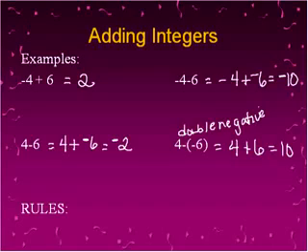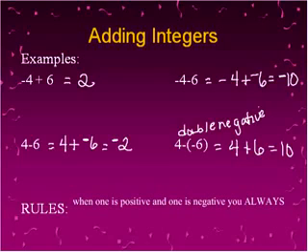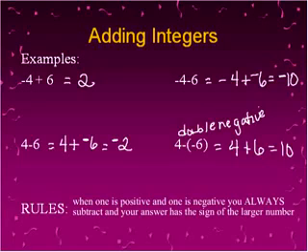So we write out the rules here for adding and subtracting. When one number is positive and one is negative, you always subtract, and your answer has the sign of the larger number.